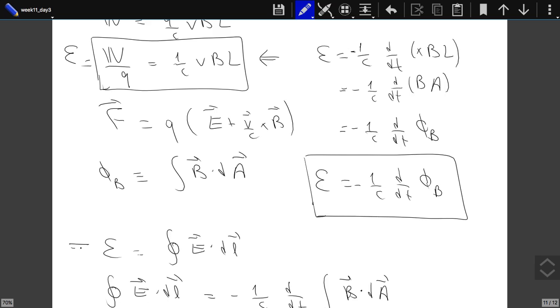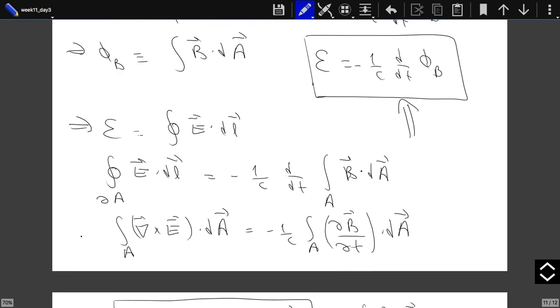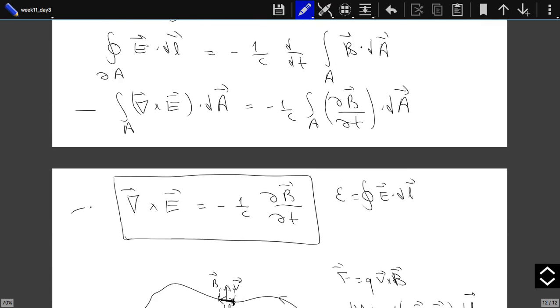So I have this relation between the EMF and the electric field. And the magnetic flux is defined as the integral of B over an area. So once I have the relation between the EMF and the rate of change of flux in a changing B field, I can just put in the definition of the EMF in terms of the electric field and the B flux in terms of the B field, and it leads me to this law.